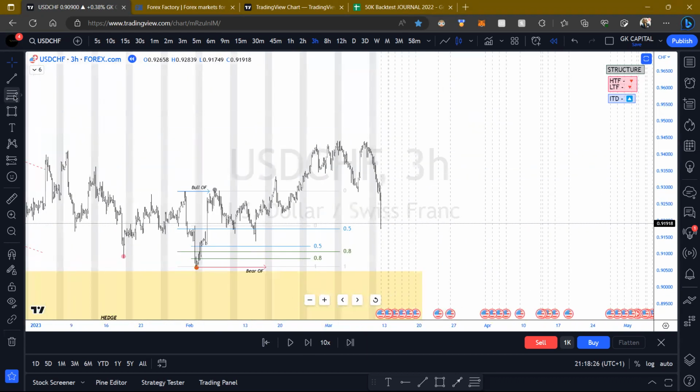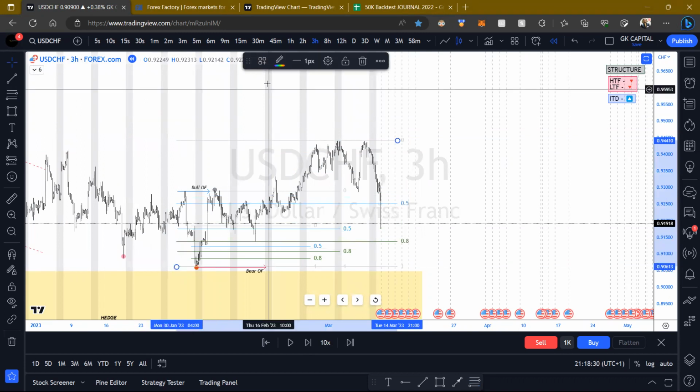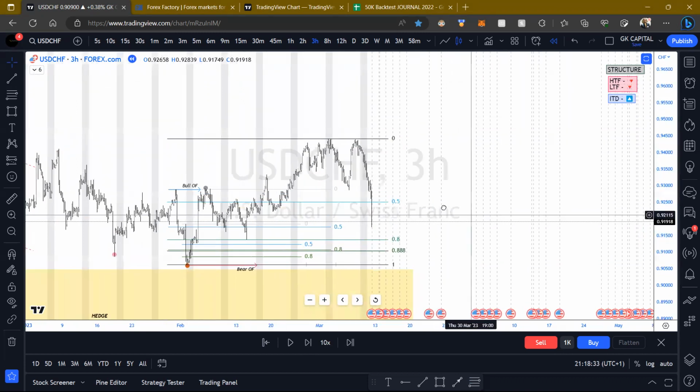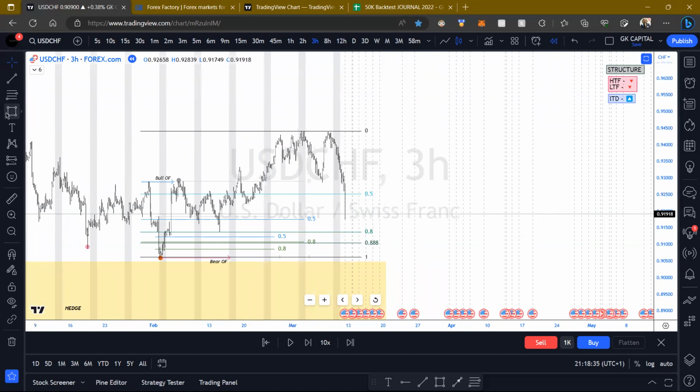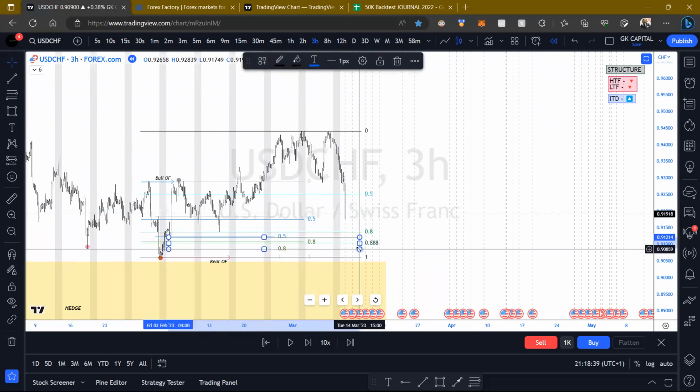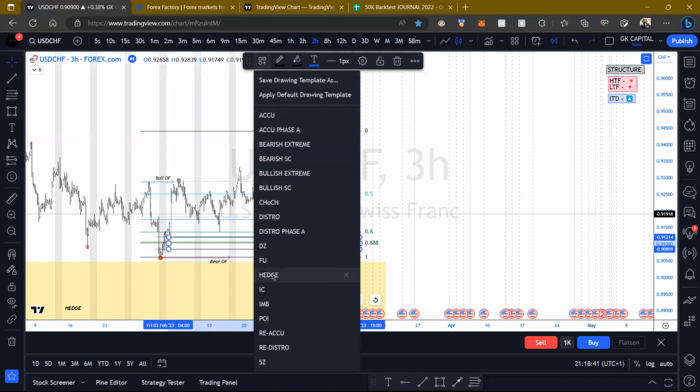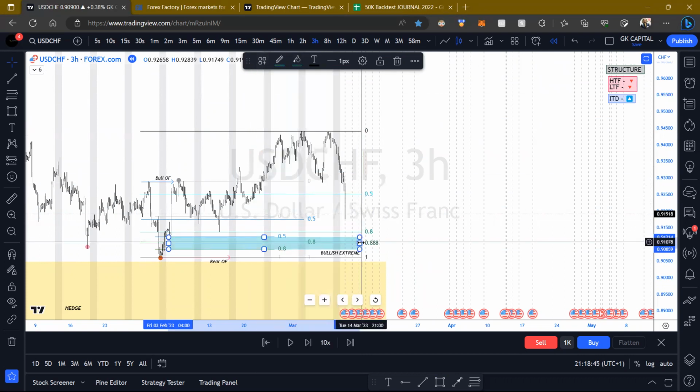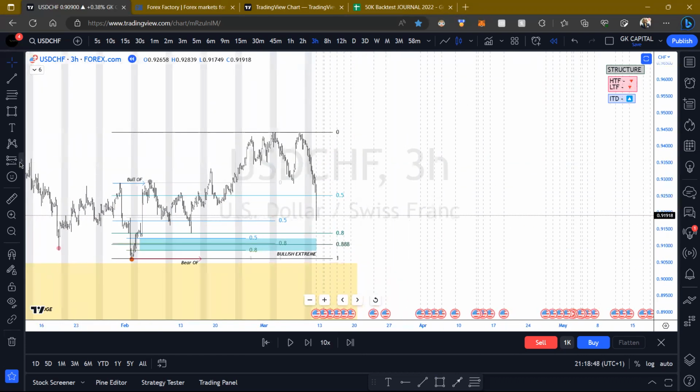So now for me, I can see the retracement has started. I'll go ahead and do that. And again, this is just this area here, marking up where the treasure is. POI.